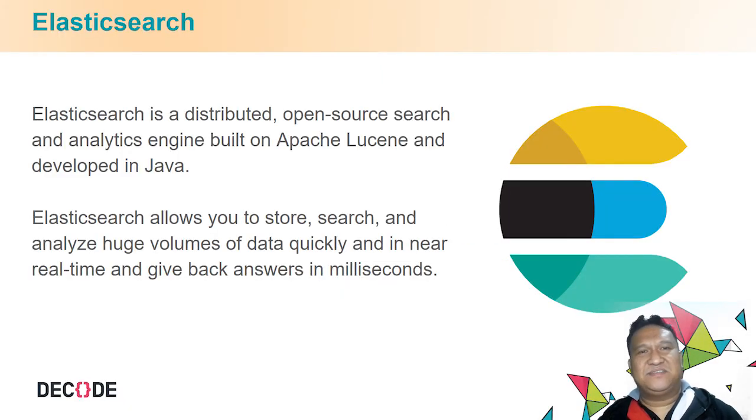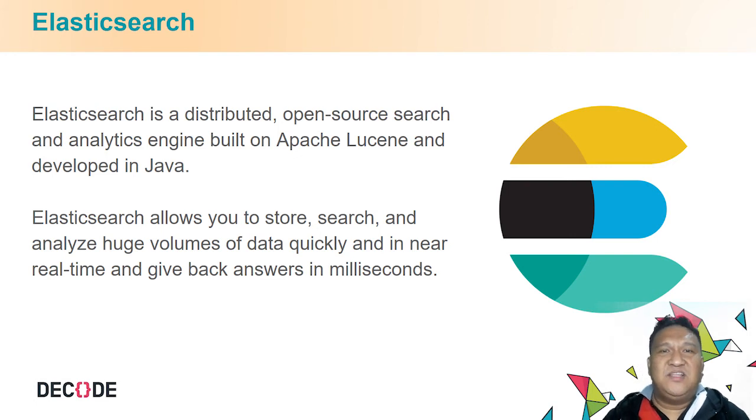So what is Elasticsearch? Elasticsearch is a distributed open source search and analytics engine built on Apache Lucene and developed in Java. Elasticsearch allows you to store, search, and analyze huge volumes of data quickly and in near real time, and gives back answers in milliseconds.